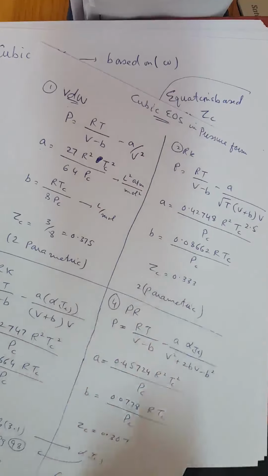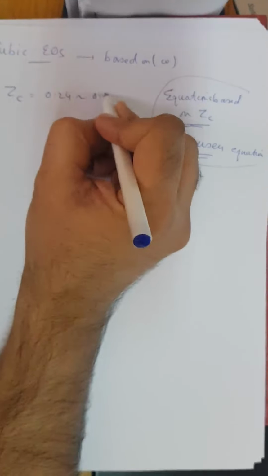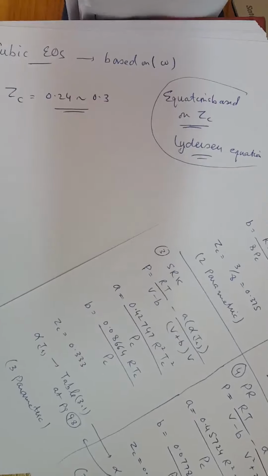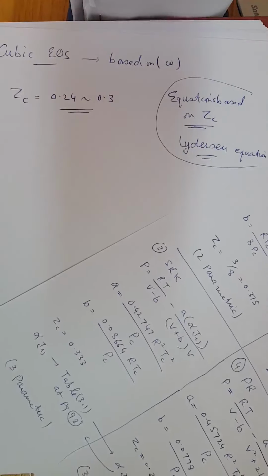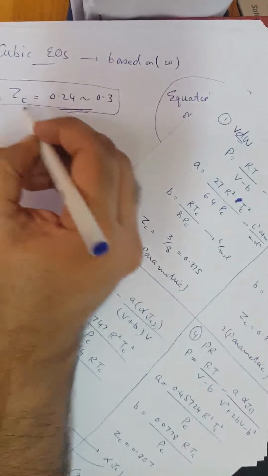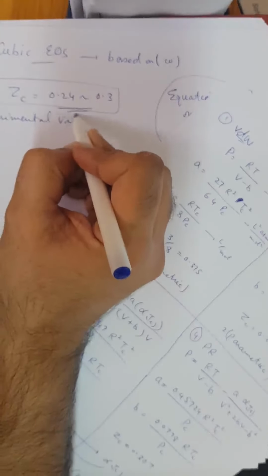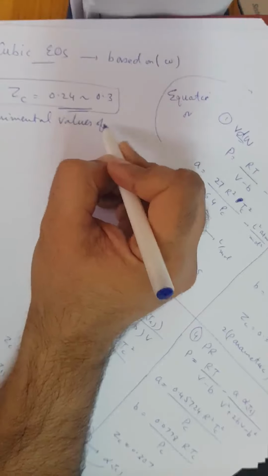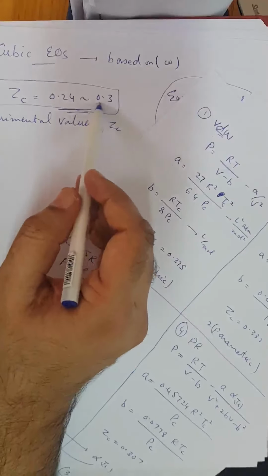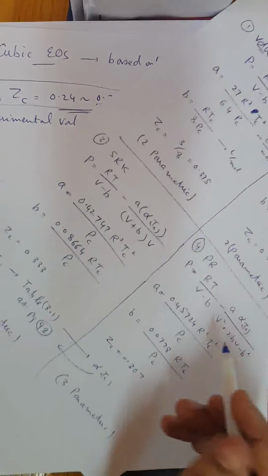The experimental values of ZC generally range from 0.24 to 0.3. None of the equations are very accurate compared to experimental values, but the closest is PR, with a ZC value near 0.3.